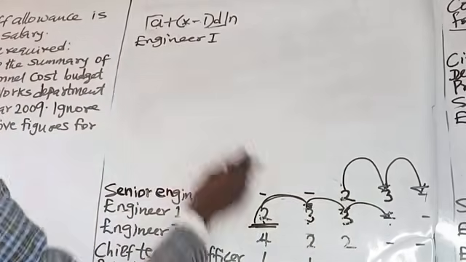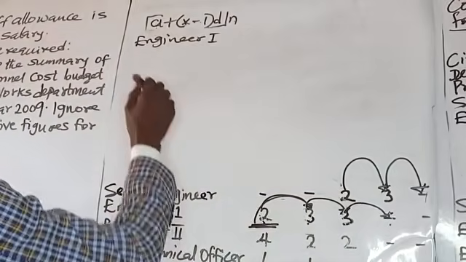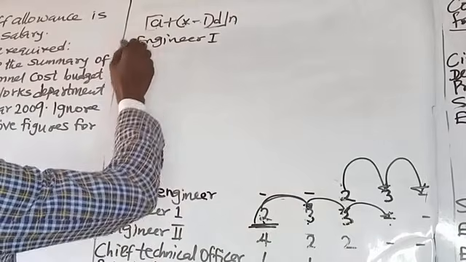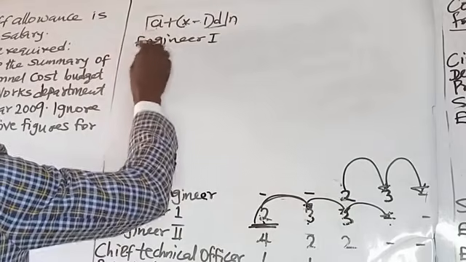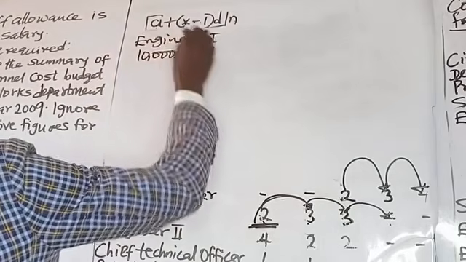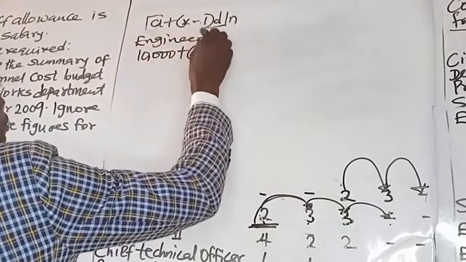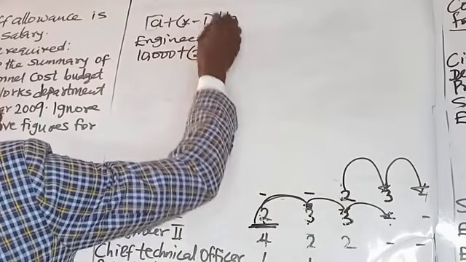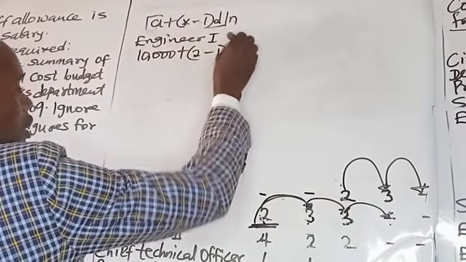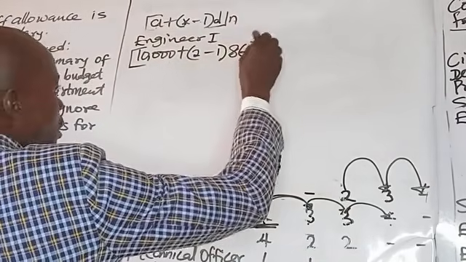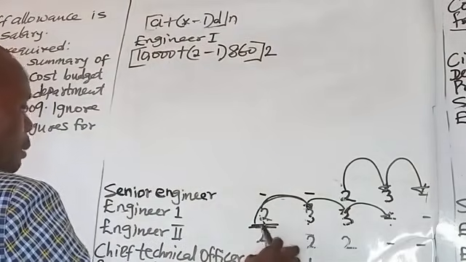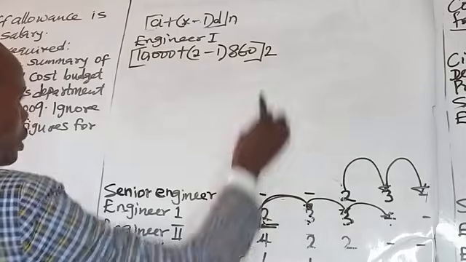So, let's calculate for the 2 who were in step 1 before. They are now moving to step 2. Their basic pay is 10,000 plus, they are now in step 2, minus 1 into 860. The number of employees moving from step 1 to 2 is 2.